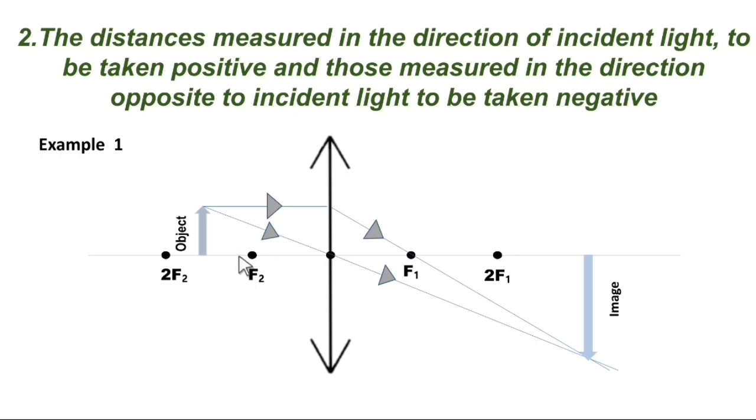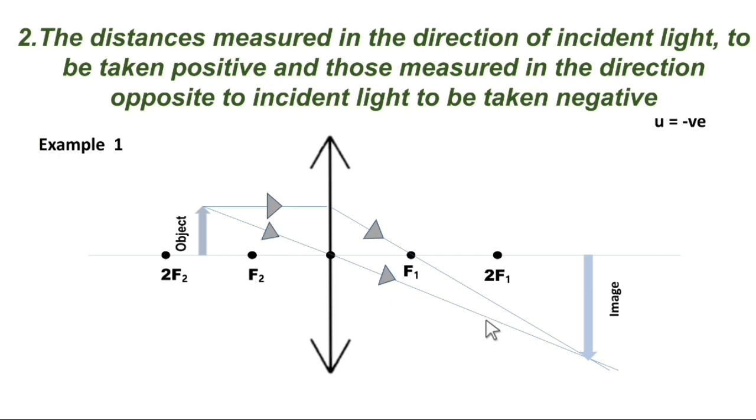Similarly, here the direction of incident ray will be the same, there will be no change in it. The rest of the distances are done the same way. If you want to measure the image distance, you measure from optic center to the image. So image distance is measured in the direction of incident light, and it is positive.